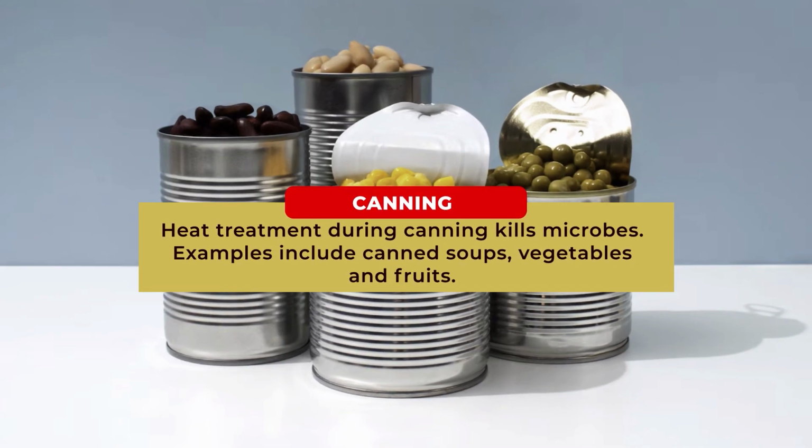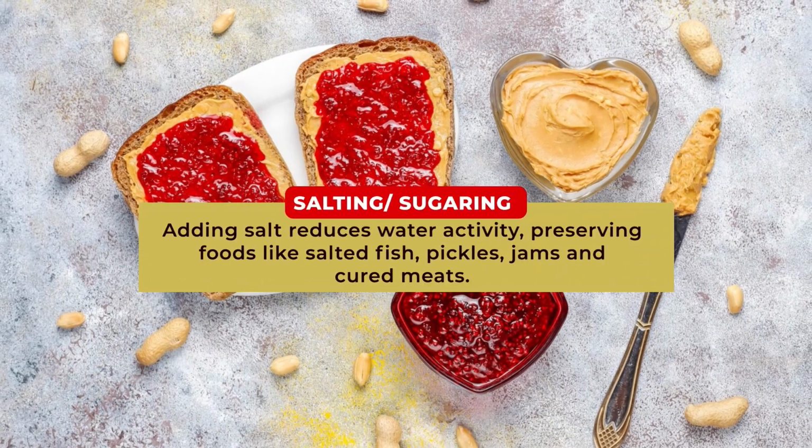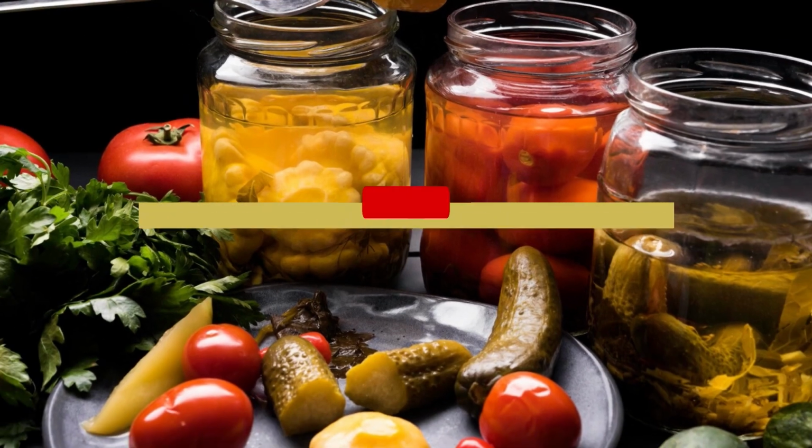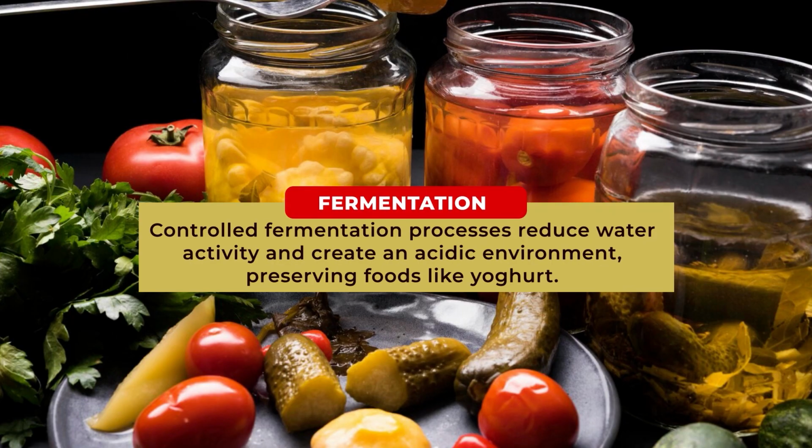Similarly, canning: you have seen canned soups or vegetables, where products are heat treated and all microbes are killed. Salting and sugaring, with examples like jams, cured meat and salted fish, which have a longer shelf life. Similarly, fermentation: if we can control the water activity and create an acidic environment, the product will have a longer shelf life. So these are the ways the role of water in food preservation can take place.